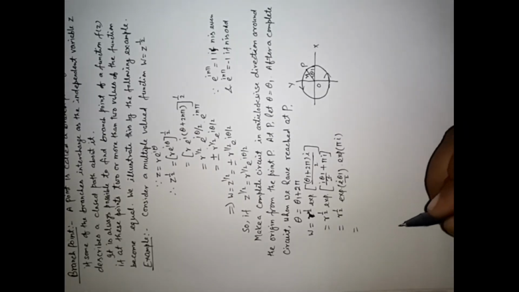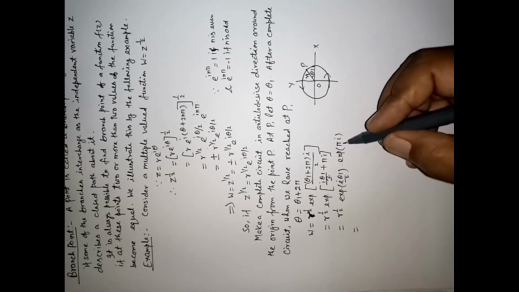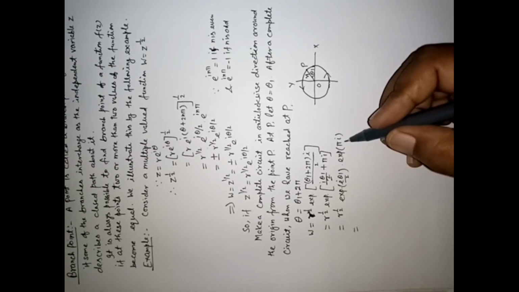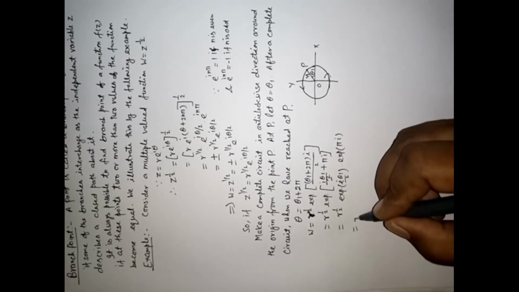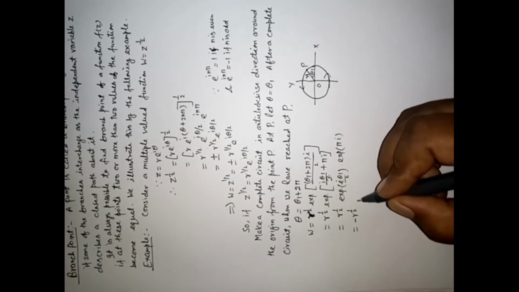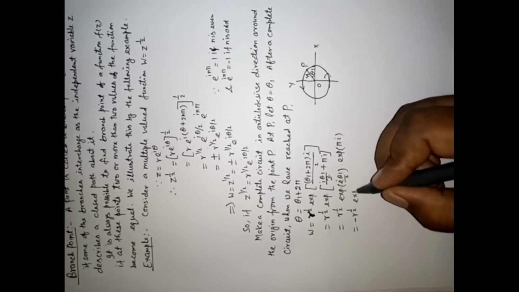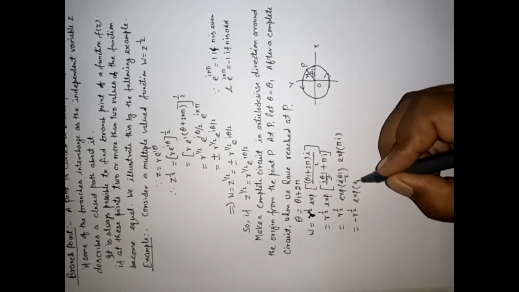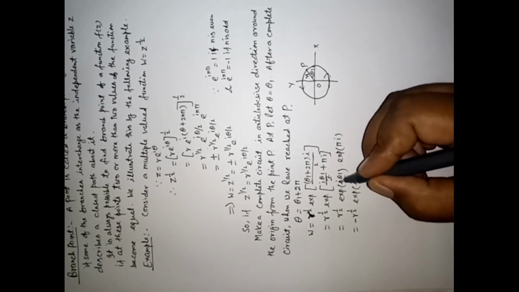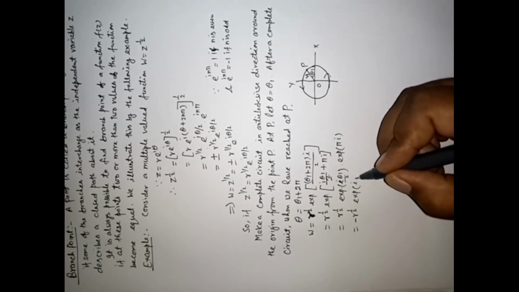Exponential of pi i is cos pi plus i sin pi, which gives minus 1. So we get minus r power half exponential of i theta 1 by 2.